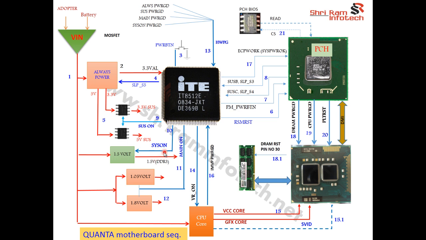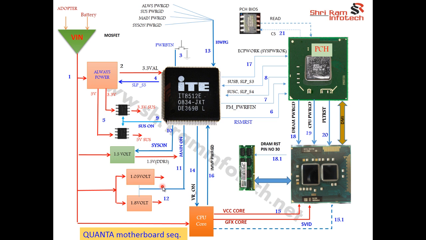So the next is SIO emits the step 11 signal, that is called the main on signal, and that main on signal triggers these two pulse width modulators, that are the 1.05 volt and 1.8 volt. It gives the enable signal to these two pulse width modulators, and these pulse width modulators generate the 1.05 volt and 1.8 volt at step number 12.